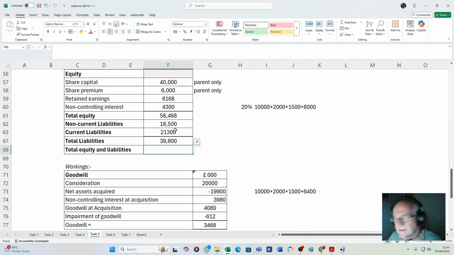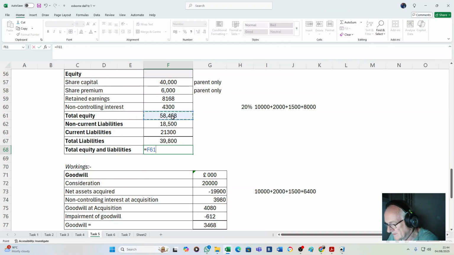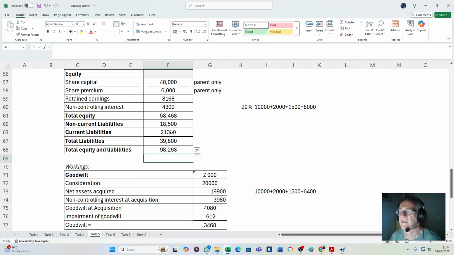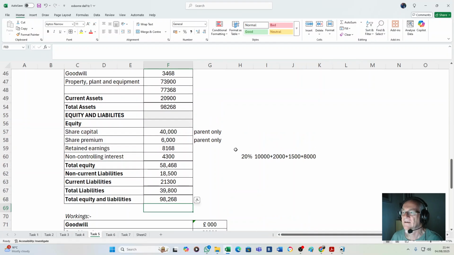Just the two added together, that's better. I'm not sure what happened then. Now the truth, equity. Okay, it's really messing me up. I'm going to do this. Equity plus 98,268. There we are, 92,668 total assets and equity and liabilities.